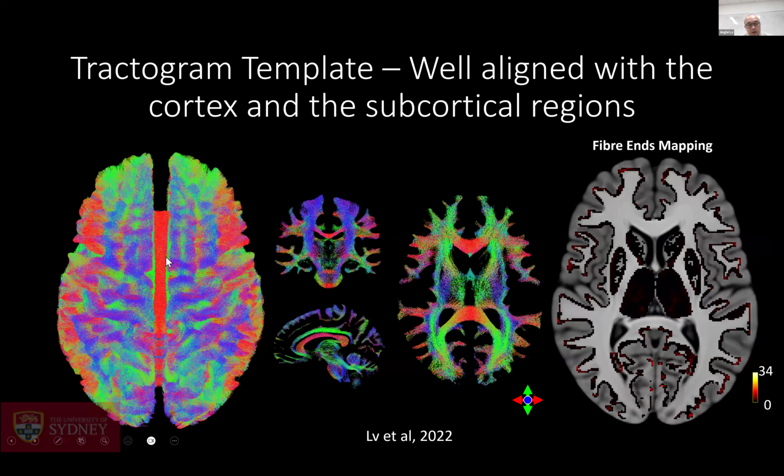The advantage of this template is that all the fiber ends are well aligned with the gray matter white matter boundary and the subcortical nucleus. This is very important for joint structure and functional analysis, and the joint white matter and gray matter analysis. We will show some examples later.